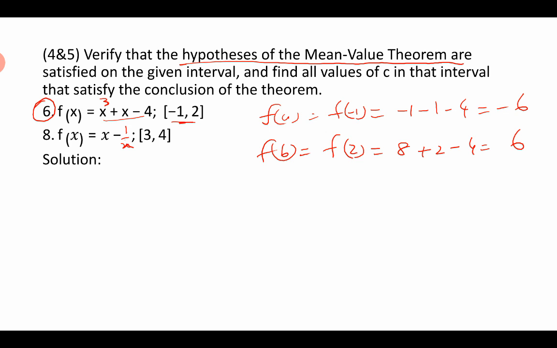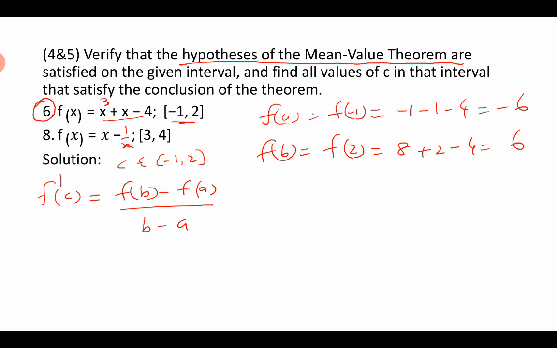So the statement says there is at least one point c in the interval negative 1 to 2 at which the instantaneous rate of change, the first derivative at c, is equal to f of b minus f of a divided by b minus a, isn't it?